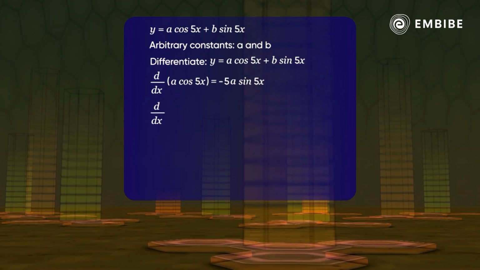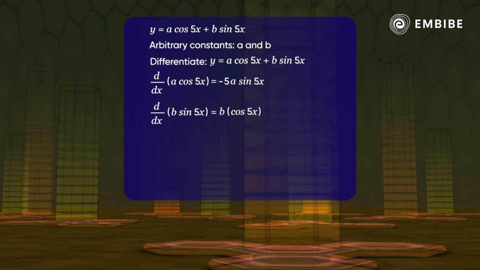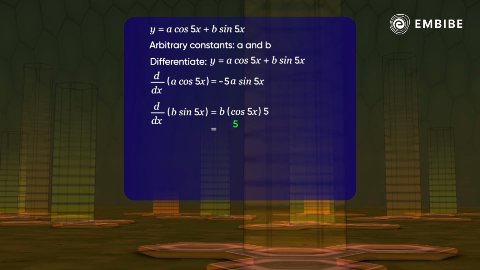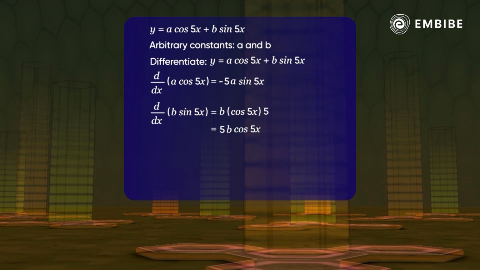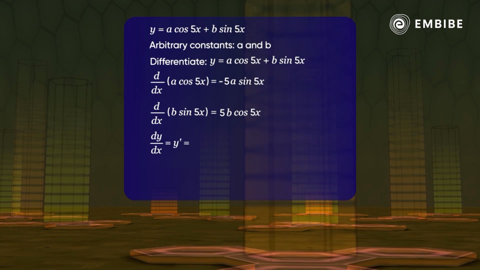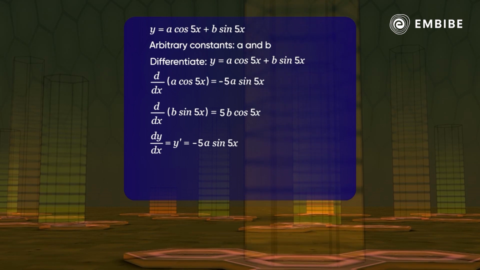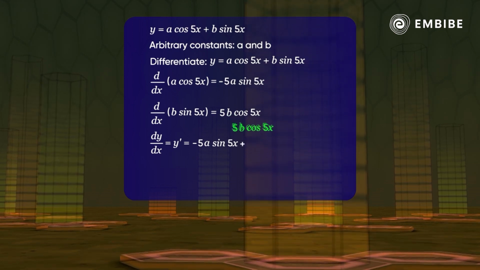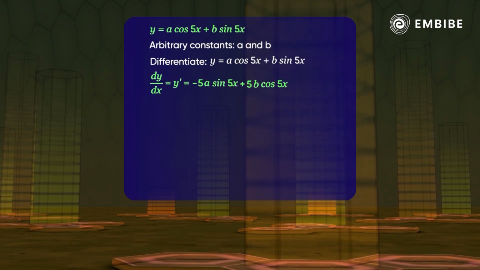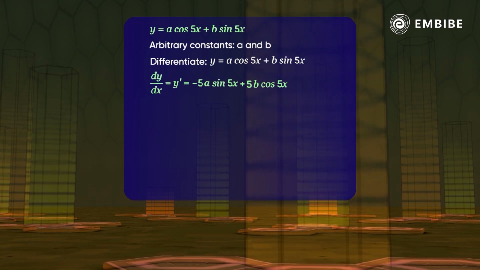Similarly, the derivative of b sin 5x is b times cos 5x times the derivative of 5x, that is equal to 5b cos 5x. So dy by dx or y dash is equal to minus 5a sin 5x plus 5b cos 5x. It is not possible to eliminate arbitrary constants using these 2 equations. So differentiate again to get the third equation.